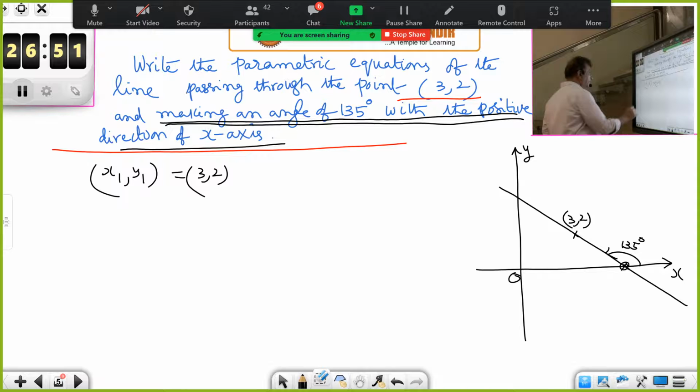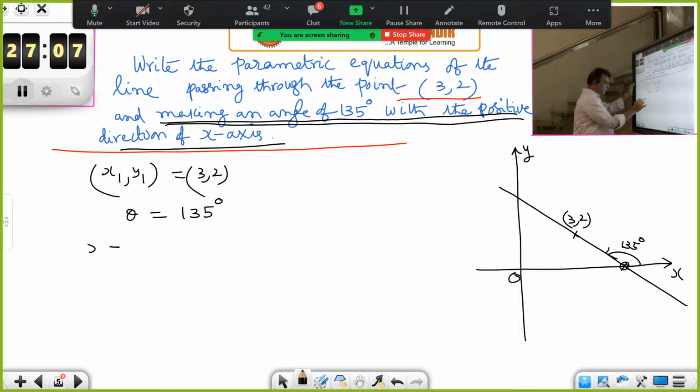Now x1, y1 is 3 comma 2. Inclination of the line theta is 135 degrees. Now he wants the parametric equation. Come on, Tanmayi, what are the parametric equations? X is equal to x1 plus r cos theta.